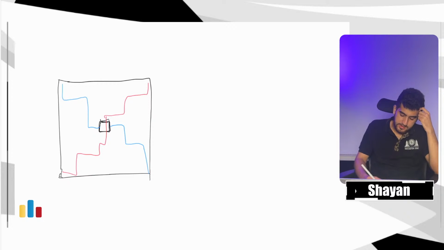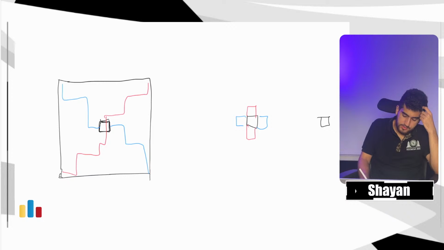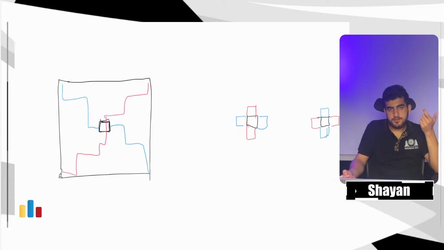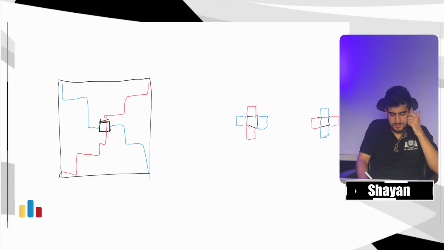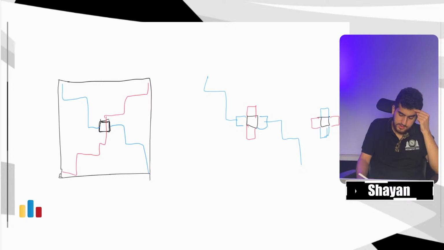There are two cases. Either the blue path is going to use these two cells and the red path is going to use these two cells, or vice versa. The red path is going to use these two red cells and the blue path is going to use these two blue cells. It's one of these two cases, the only two cases where the intersection is only going to be in this cell.